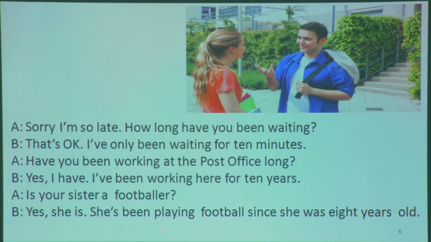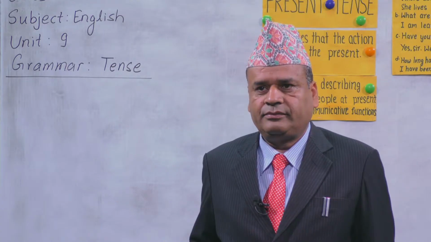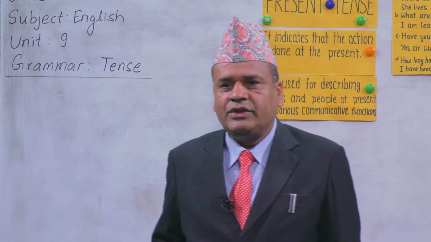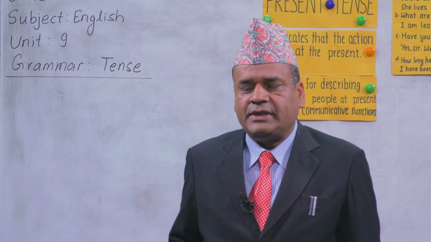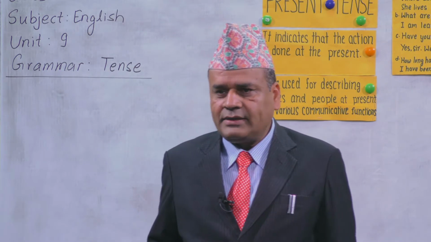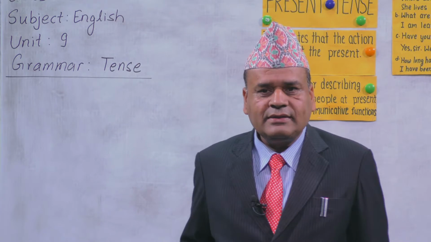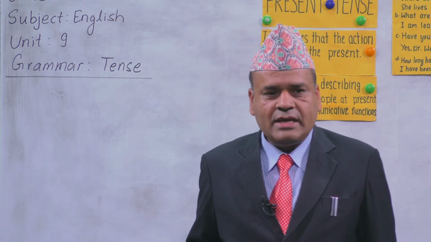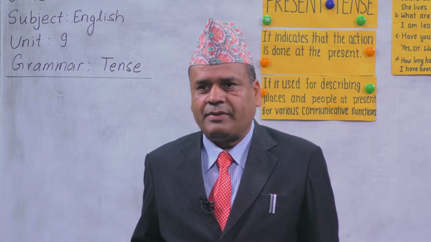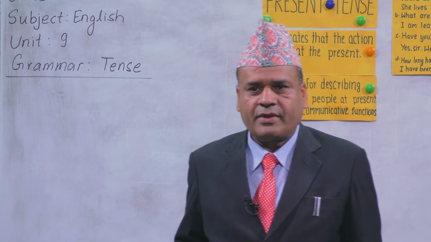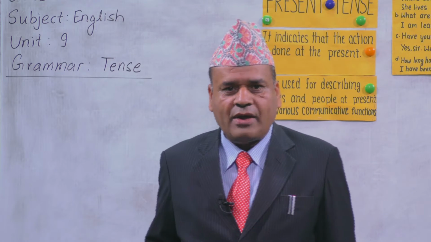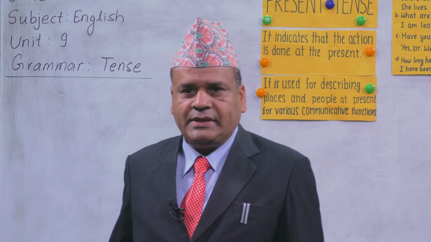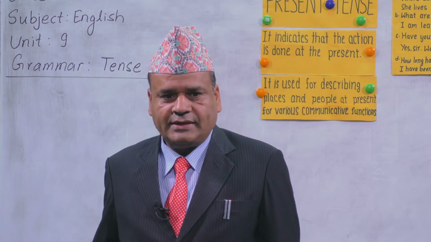Yes, she is. She has been playing football since she was 8 years old. Okay. In this dialogue, you find all the subjects in present perfect continuous tense. That takes has or have and been and ing form of the verb, that is continuous. Dear students, I hope you got the idea about present perfect continuous tense as well.